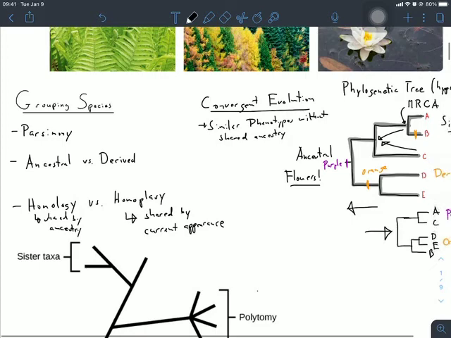And we will spend a lot of time talking about traits that are similar in different plant species by convergence, and comparing those traits to traits that are shared across plant species because they all inherited the same ancestral state.